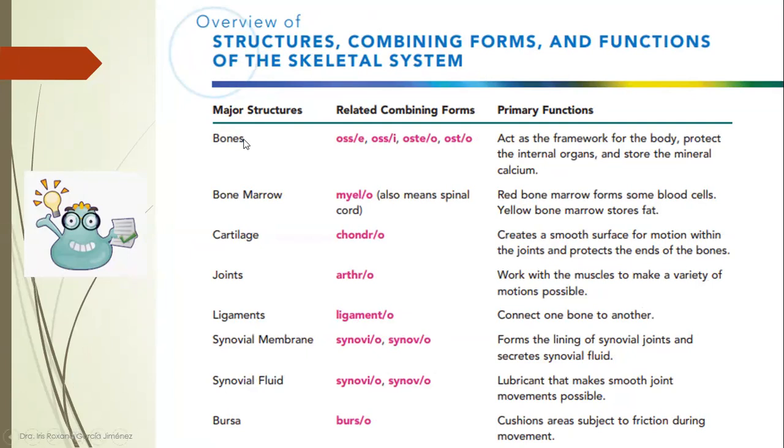I mean, the major structure, when we are talking about bones, the anatomical parts. Then we have the related combining forms, and then the primary functions, okay?